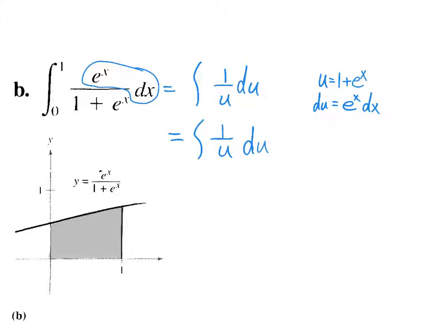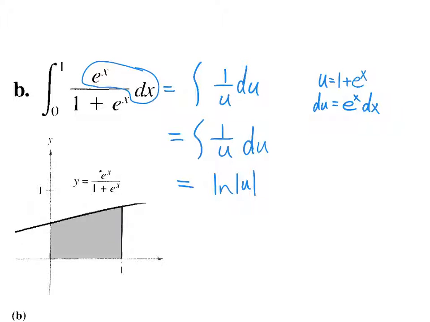So if I'm doing the integral of 1 over u du, that is the ln of the absolute value of u. Now, when we do u substitution, remember we have one of two choices. You can either substitute the u back in at this point and keep the boundaries the way they were.